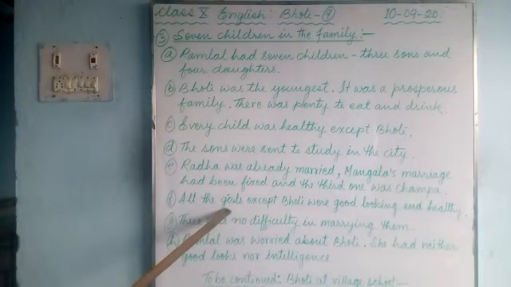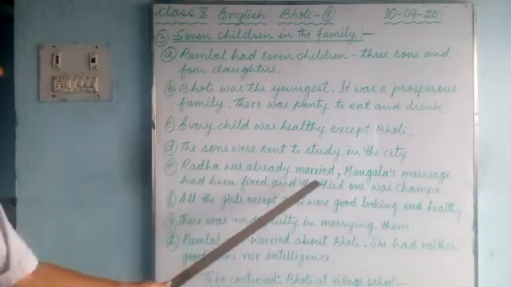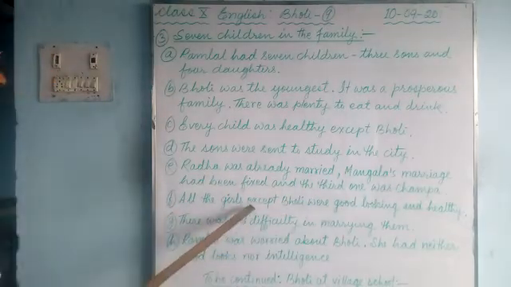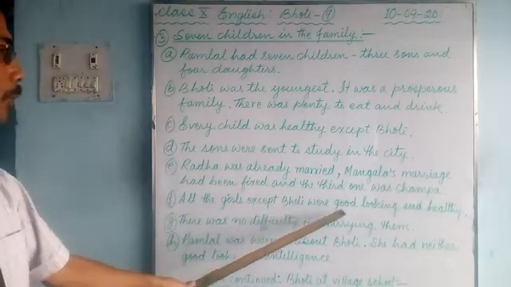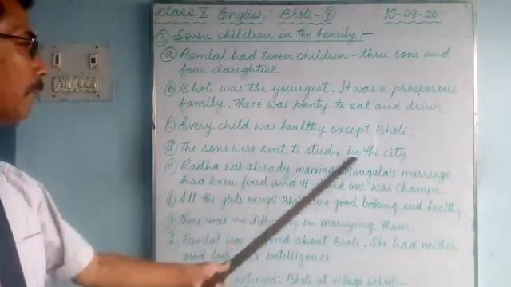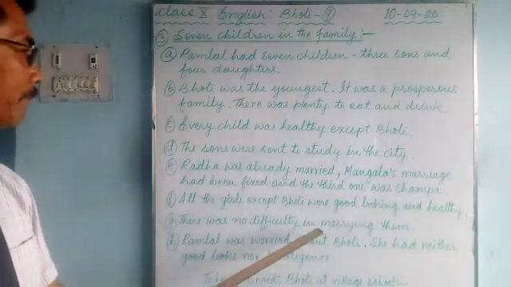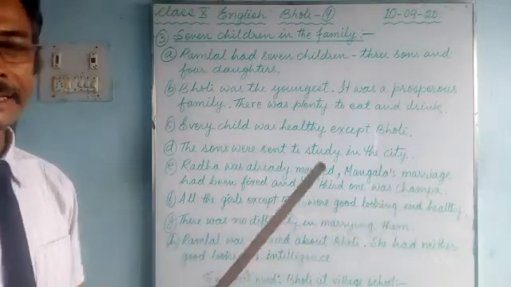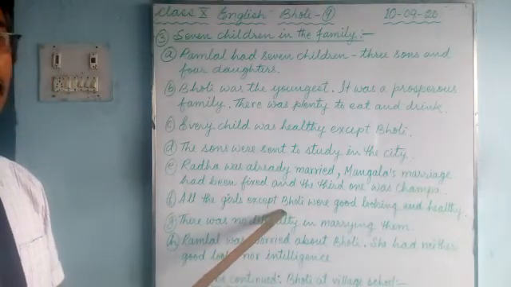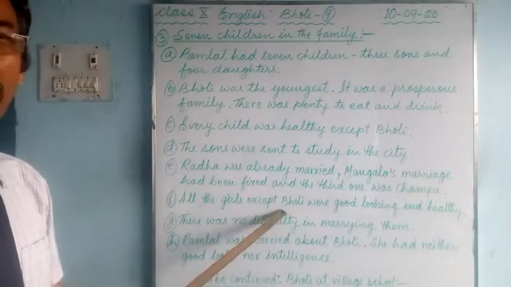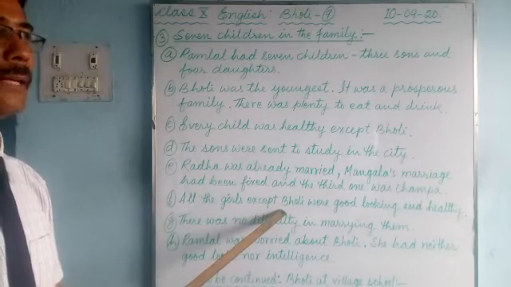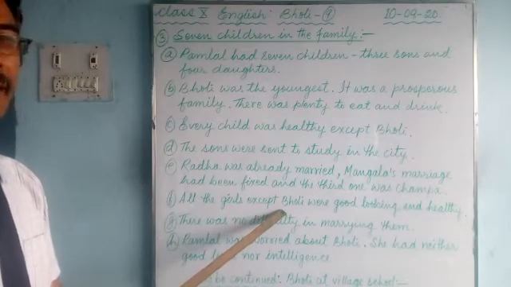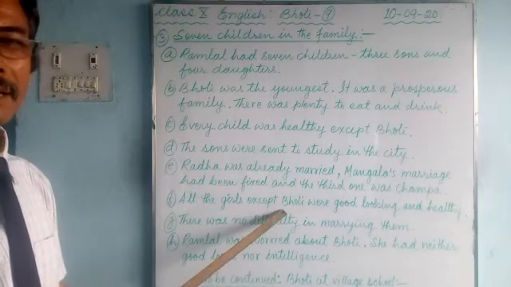All the girls, Radha, Mangala and Champa, except Bholi, were good looking and healthy. But Bholi had poke marks. She was very ugly, though when she was very young, she was very pretty.